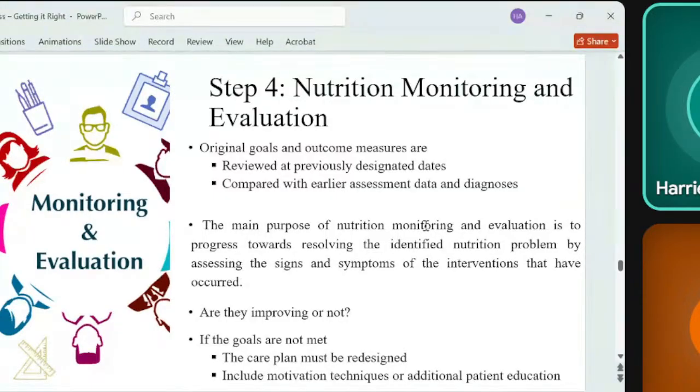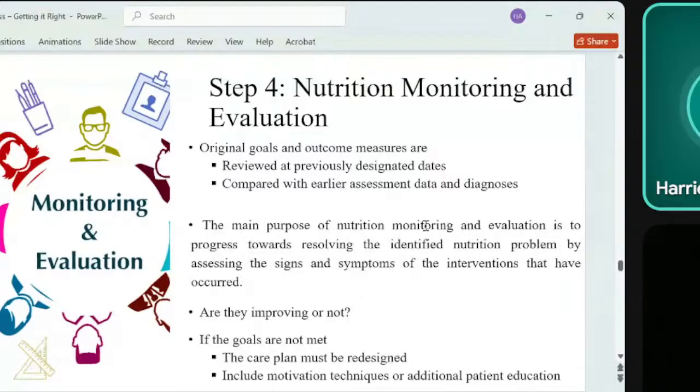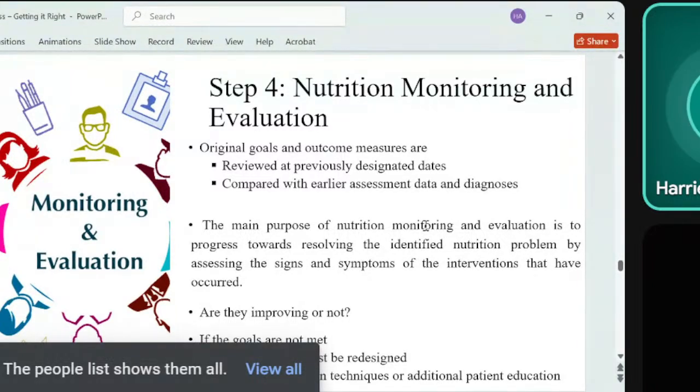You don't do the monitoring or you don't document monitoring and evaluation only when they come for the review. Whatever you want your colleagues or yourself to monitor and evaluate should be in your notes. Should be in your notes.